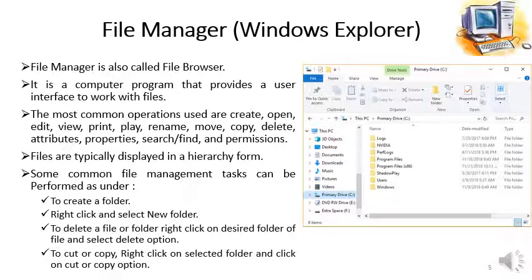To cut or copy, right click on the selected folder and click on the cut or copy option. The shortcut for cut is Ctrl X and the shortcut for copy is Ctrl C. If you want to paste the same folder or file somewhere else in your computer, the shortcut for paste is Ctrl V. Or if you don't know the shortcut, right click on the desired location and click on the paste option.